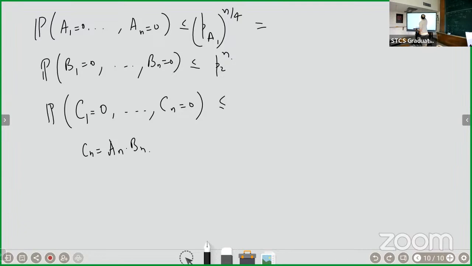Once you write this in P to the power, I can do it. You use the union bound to get this. Critically use the fact that these are all binary numbers and then use the union bound.